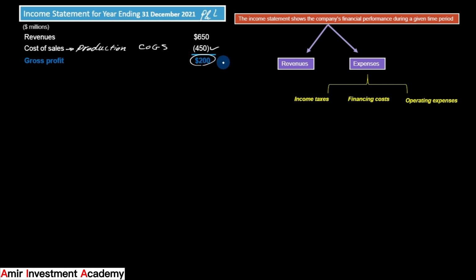Again, that's a lot less than that 650 million that you end up getting as your revenue. But still, that's a number that you cannot take and run. You still have some other expenses, and we call them other operating expenses.